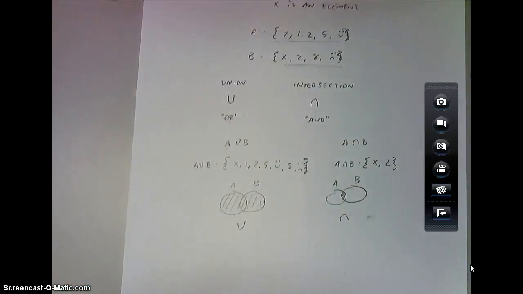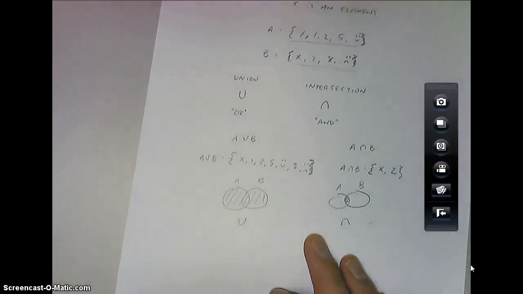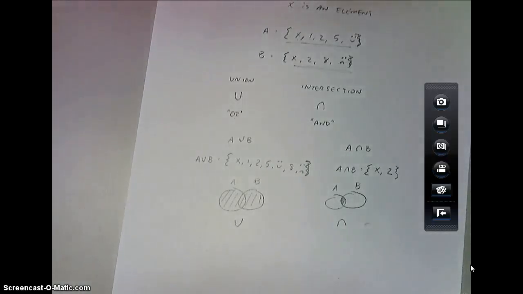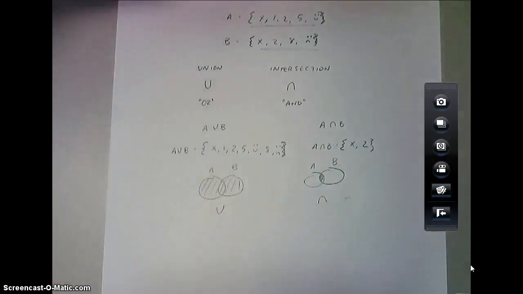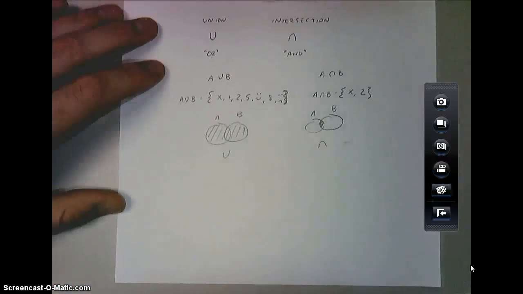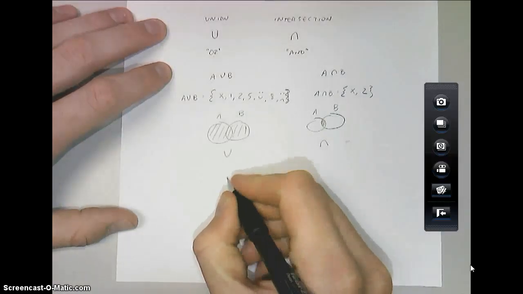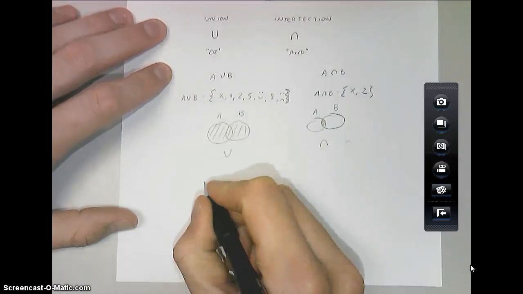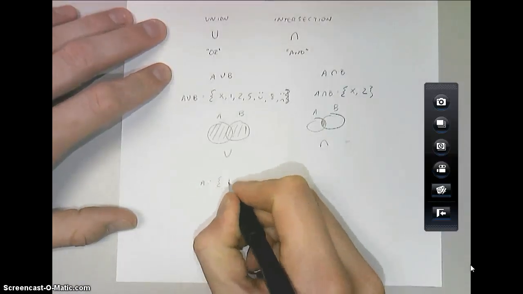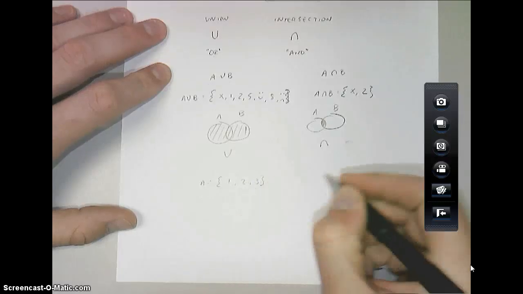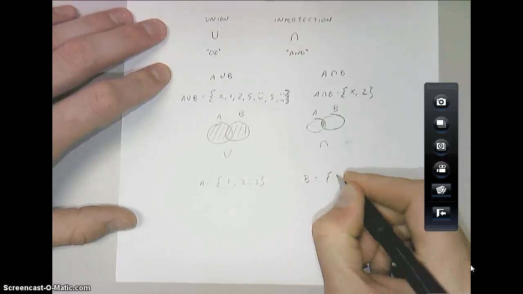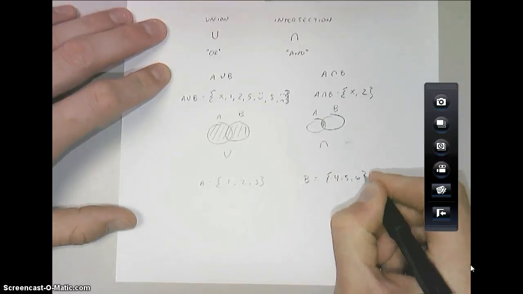Moving on. From there, they move into prime numbers and factoring. But actually, before we get into that, the last thing that I want to talk about is the null set or the empty set. So let's say that A is 1, 2, 3. B is 4, 5, 6.